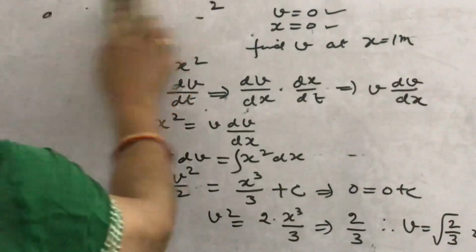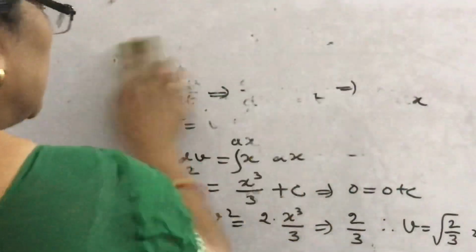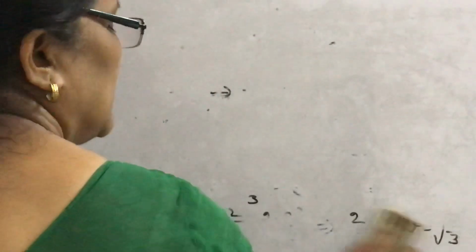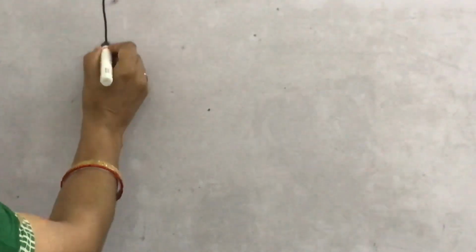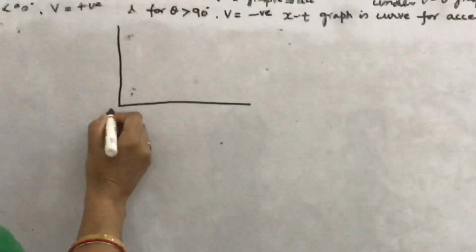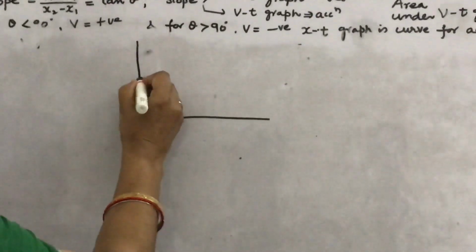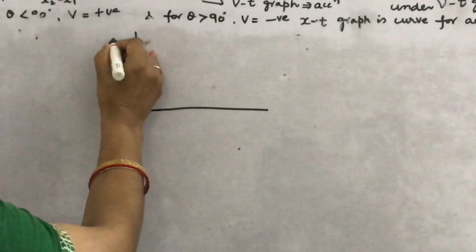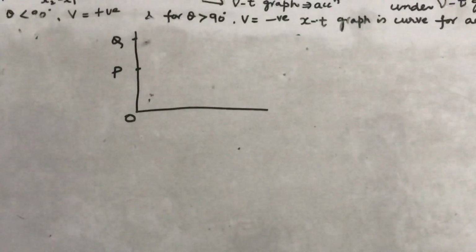See the next question. In this question it is given that two children A and B, it is the question based on given in the NCERT, and also it is based on the slope of the position time graph. Suppose O is the school, P is the home of one child and Q is the home of other child.